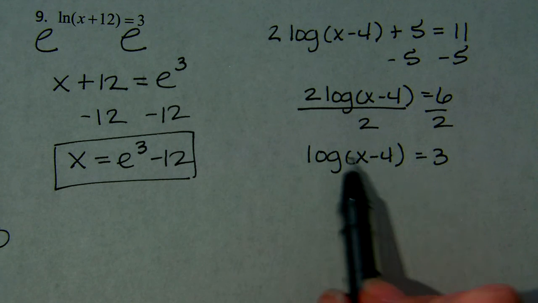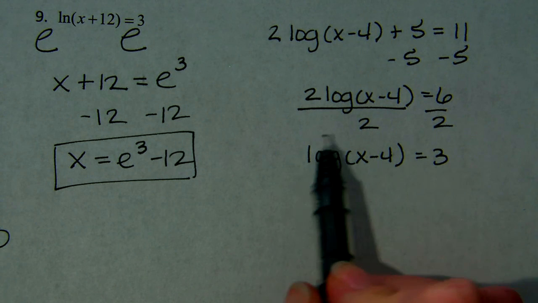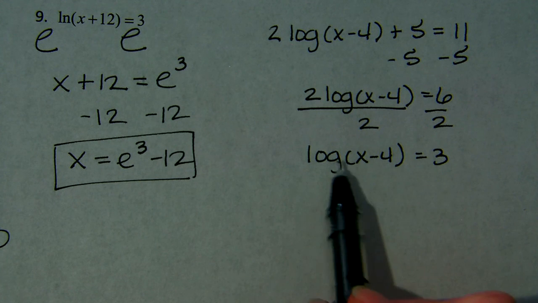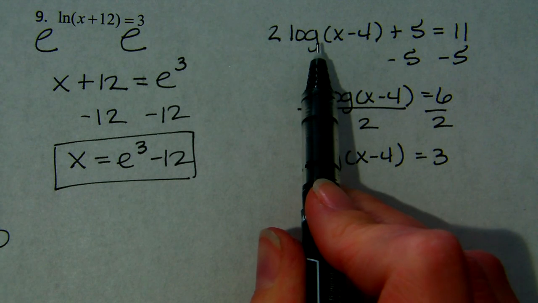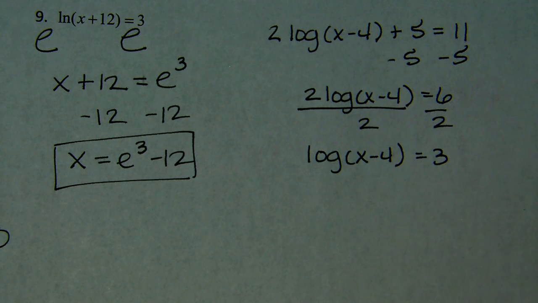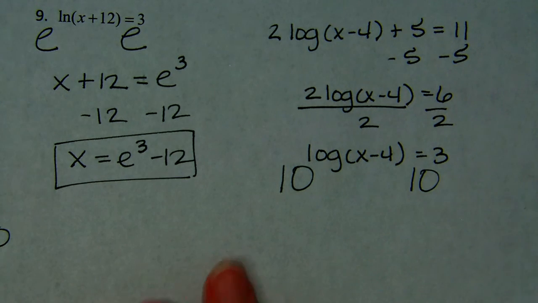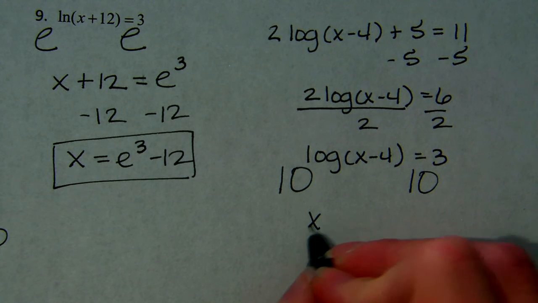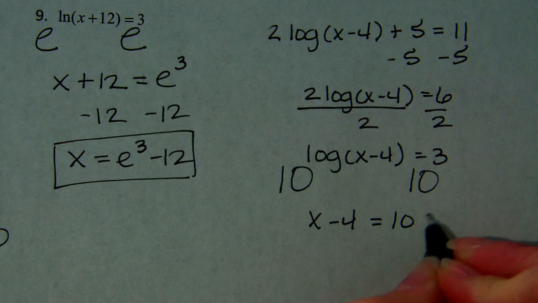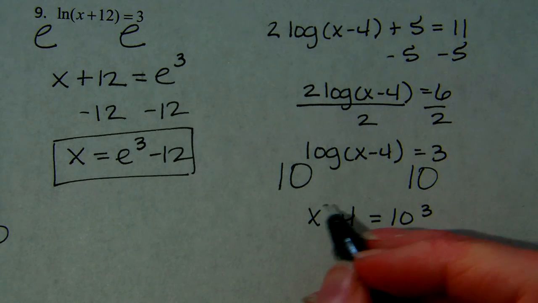And now I can exponentiate. I can raise this to a power and solve. Now, notice it's just log, which means it has a base of 10. And so I'm going to say 10 raised to the log of x minus 4 is equal to 10 raised to the 3rd power. And so what I get is x minus 4 is equal to 10 to the 3rd. And 10 to the 3rd is 1,000.